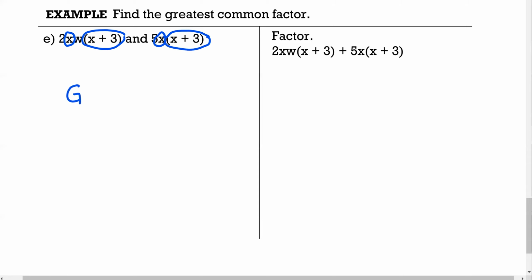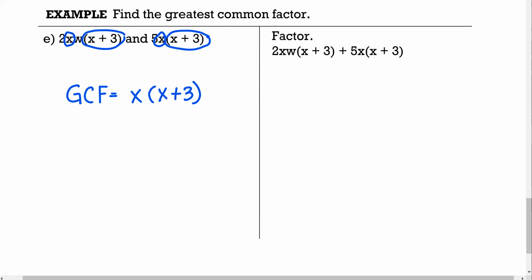So our GCF is x times the quantity x plus 3. All right, so let's not be so automatic that we miss the point of it, which is to find the greatest common factor. And we don't want to miss any common factors.